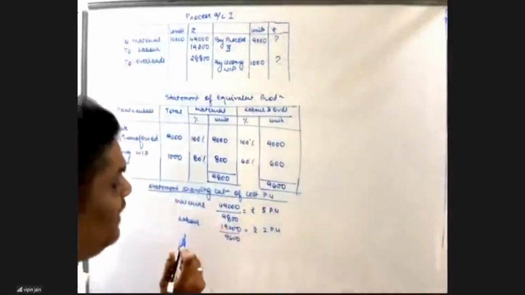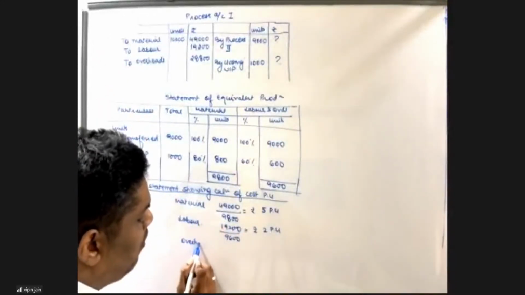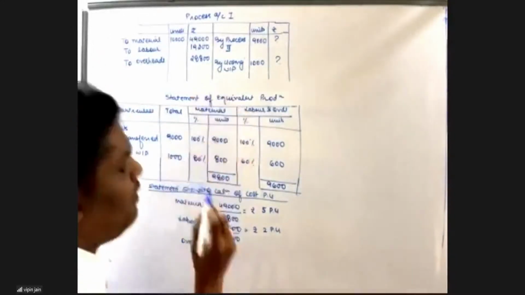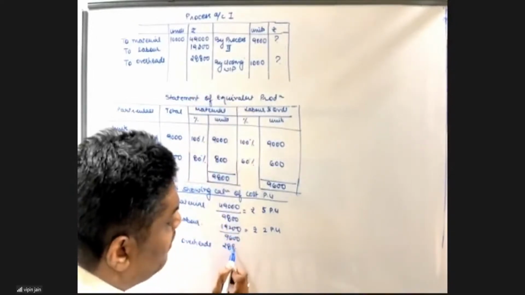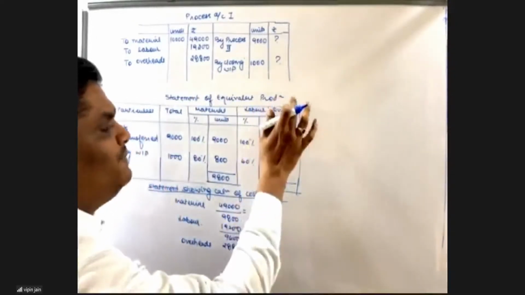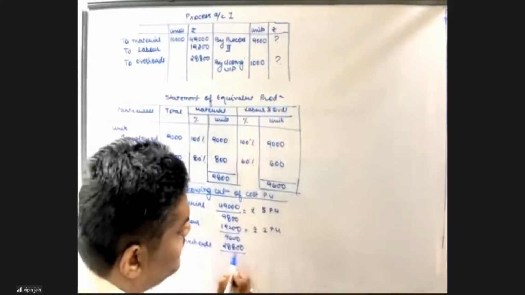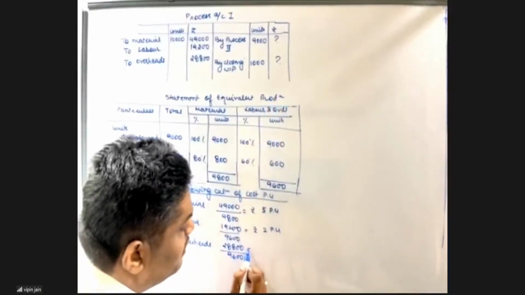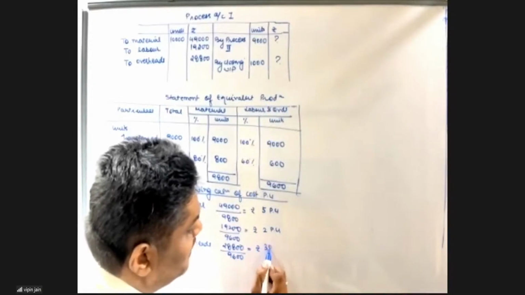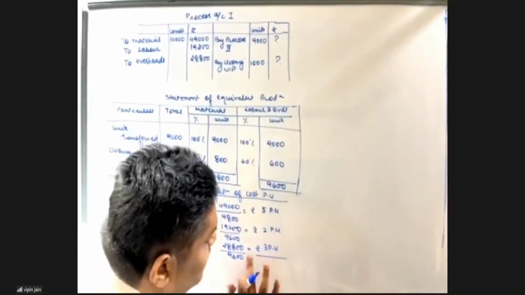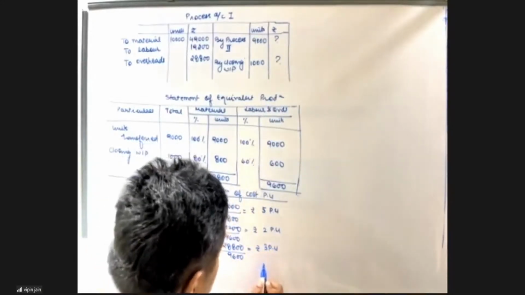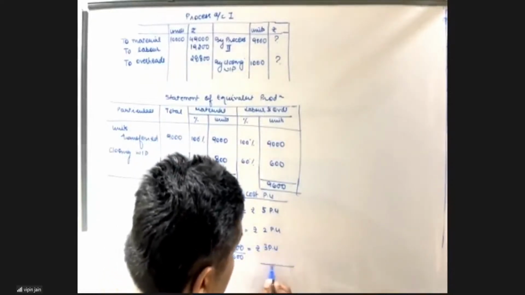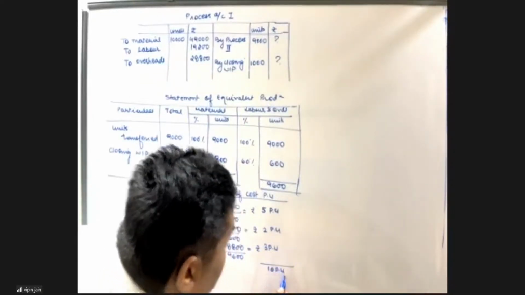Now in respect of overheads also, my cost is 28,800, and the equivalent number of units are 9,600. So the cost will be rupees 3 per unit. So my total cost will be 10 per unit.